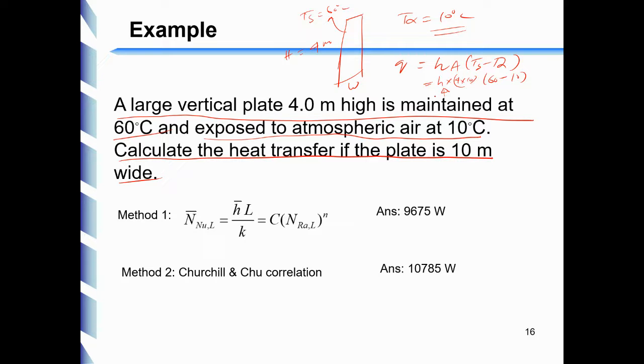When you find the h, you ask yourself the question: first, is it natural or forced convection? There is no velocity, so it is natural. Then the geometry is a vertical plate.